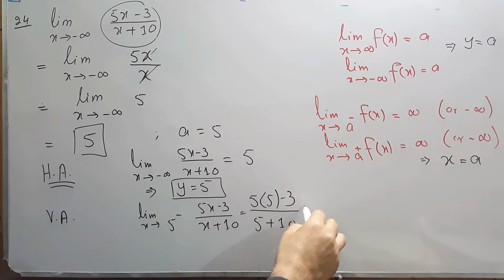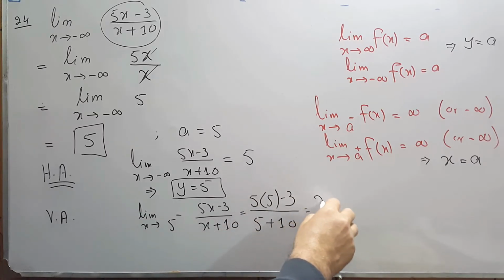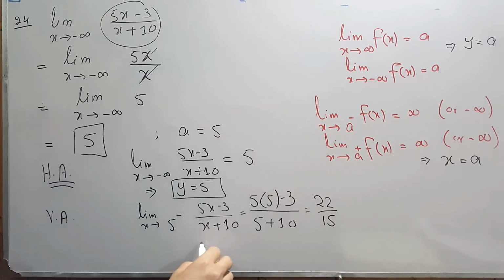So that gives us 25, excuse me, 25 minus 3 gives us 22, and that gives us 15. So we can see that this is not giving us infinity.